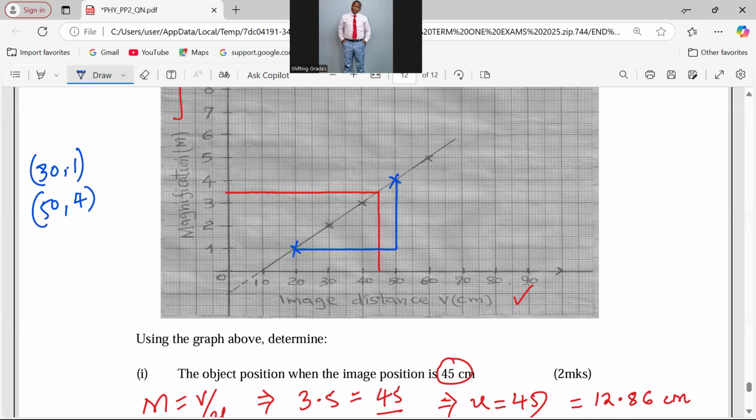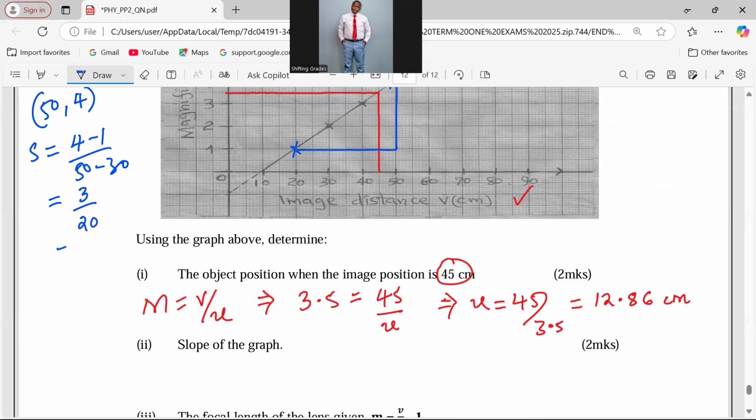So now we can get the gradient, slope S. This is the calculation of gradient or simply slope: change in Y, 4 minus 1, divided by change in X, 50 minus 30. You see I'm having 3 over 20. So the slope shall be 3 over 20, giving me 0.15.